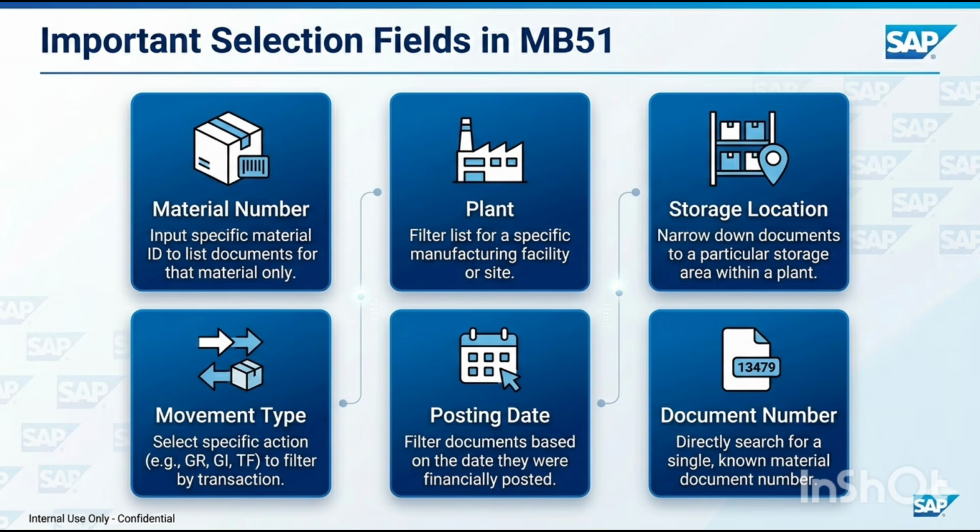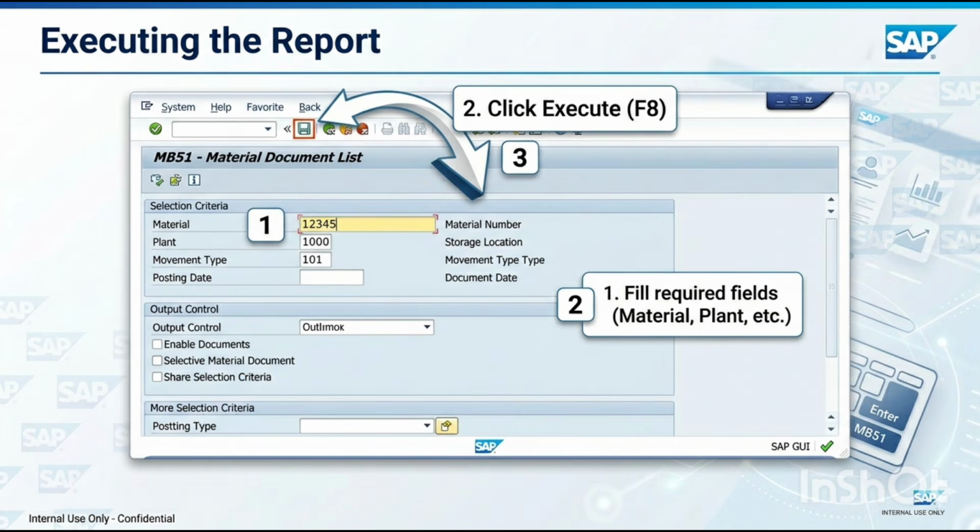Otherwise, the data will be so mixed and so raw that it will be difficult for you to filter it out. Then the movement type. For example, 101 for goods receipt, 261 for goods issuance. Similarly, posting date, it defines the date range you want to check. Using these key fields properly will help you get accurate and fast results.